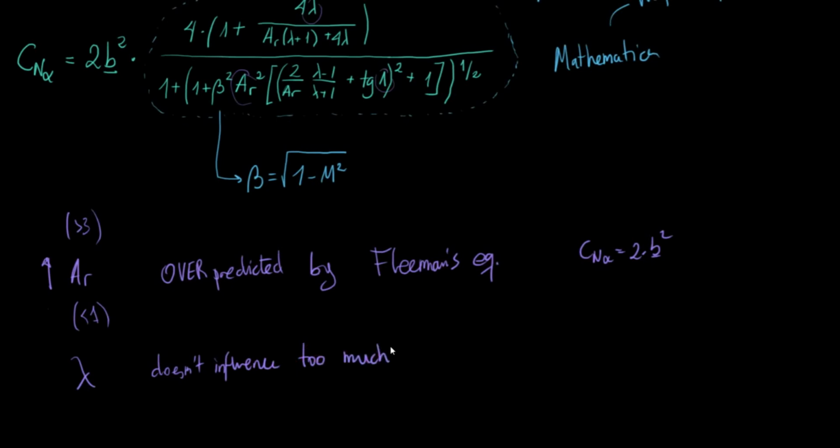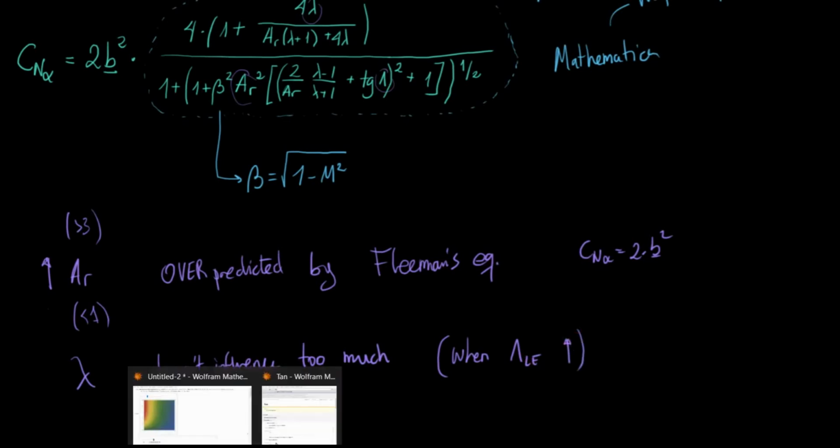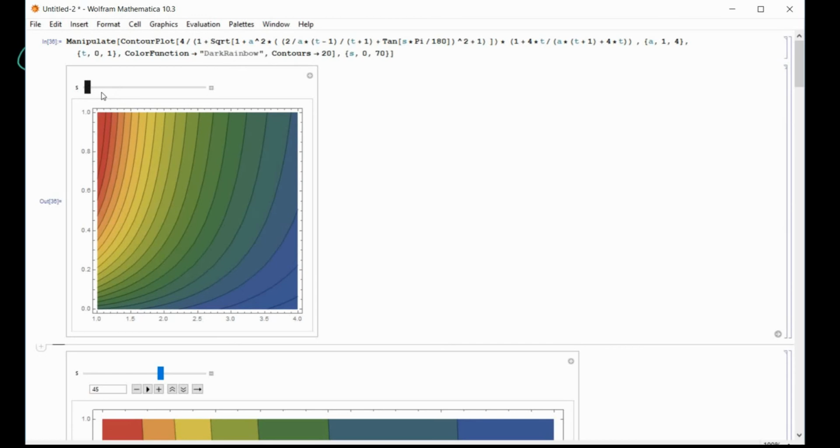At least when the sweep angle of the leading edge is high. When it's low, it does a bit more. You can see here at 0 sweep, it does influence. We have a lower lift for the same aspect ratio and the same sweep.